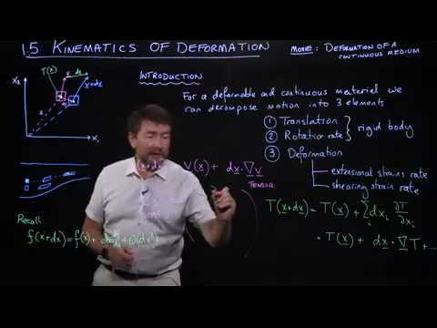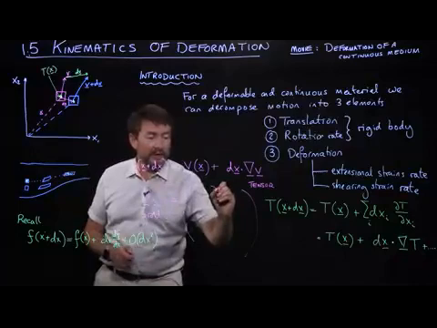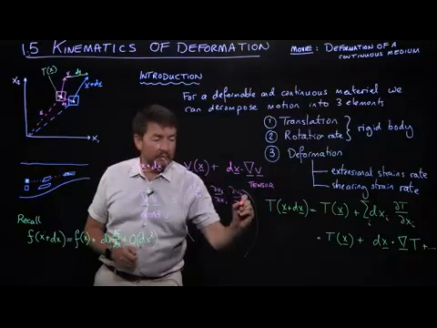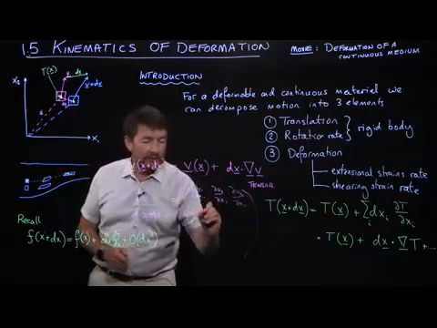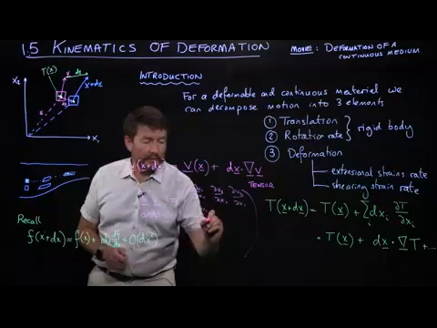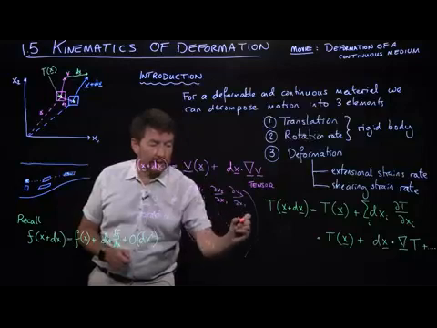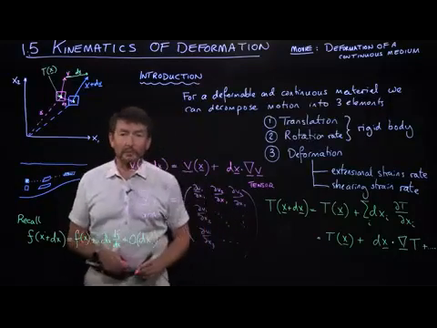And in the standard notation that we'll use, this would then be dv2 by dx1, dv3 by dx1. This would be dv1 by dx2, and dv1 by dx3. And you can write out all of the other components.